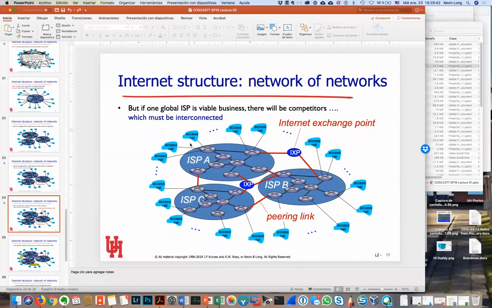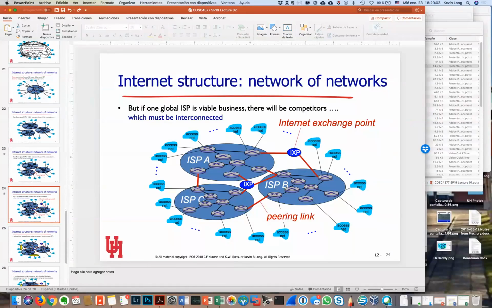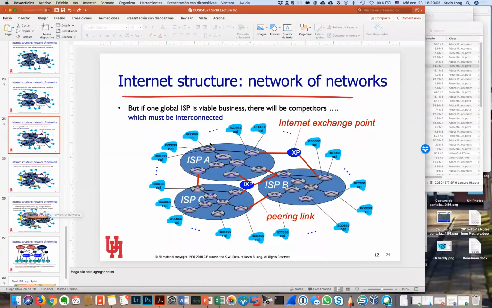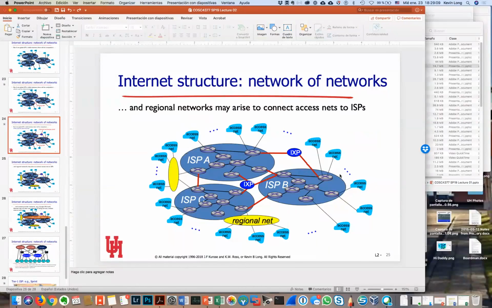Some of these access networks can get in here, some of the ISPs can, some of the global ones can, and some of the big service providers like Netflix or Amazon Web Services can get in here as well. Most people that have popular hosted programs, Dropbox for example, would be in every one of these to exchange traffic because it reduces the amount of time you spend taking the long way around the internet, which is good for everyone. There are sometimes regional networks.